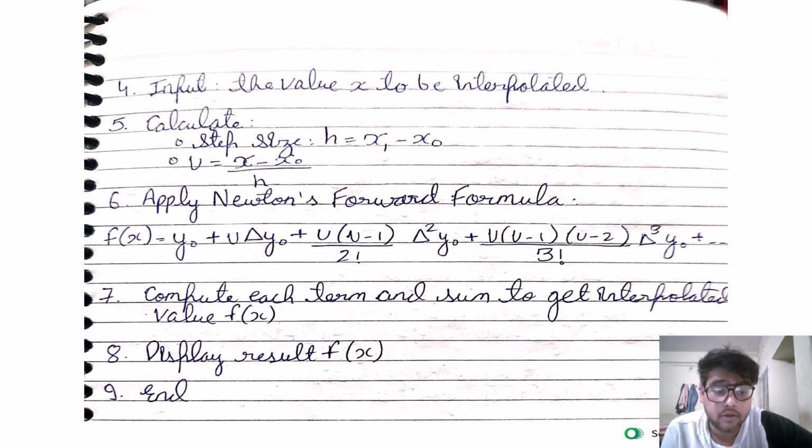Then we will input the value of x that is to be interpolated, and then we will calculate the step size h is equal to x1 minus x naught, and then we will calculate the value of u.